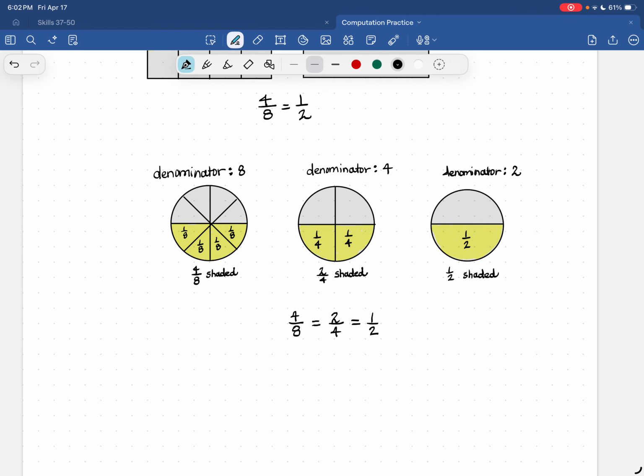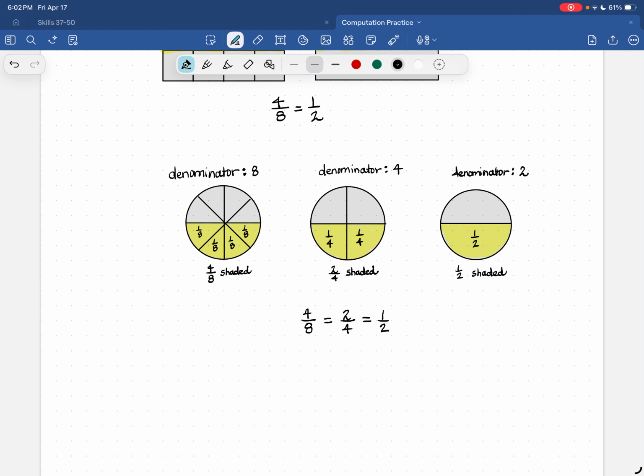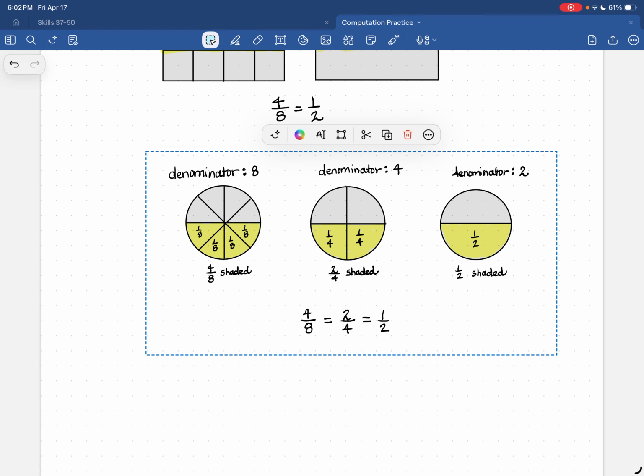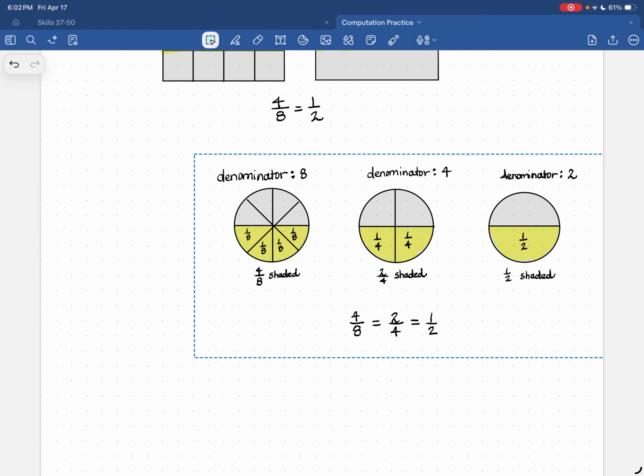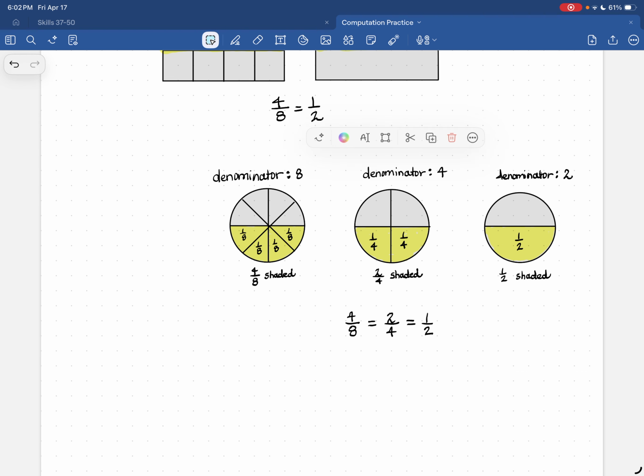Okay, if I have room, and I believe I do, let's do one more. Let's slide this over. Since we're kind of on a roll here, we won't have to draw it again. I want you to come over here and make one more circle, the same size. It's very important that we don't change size of the pizza.